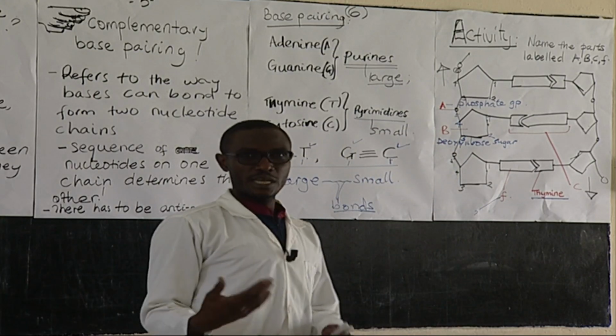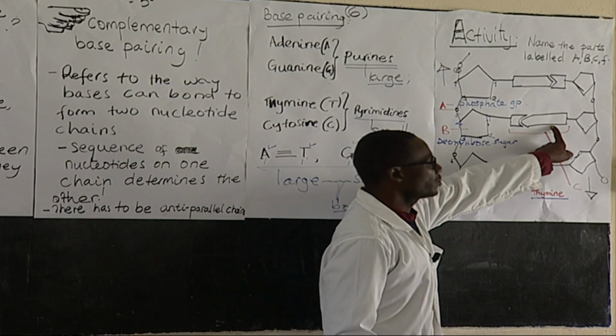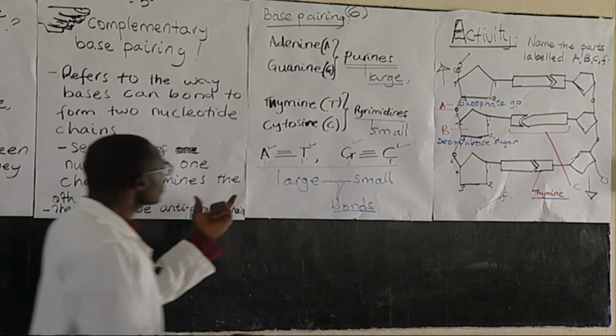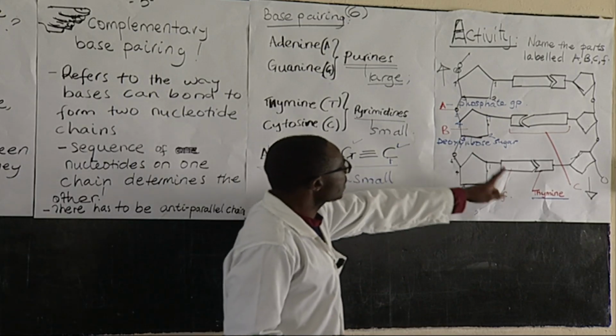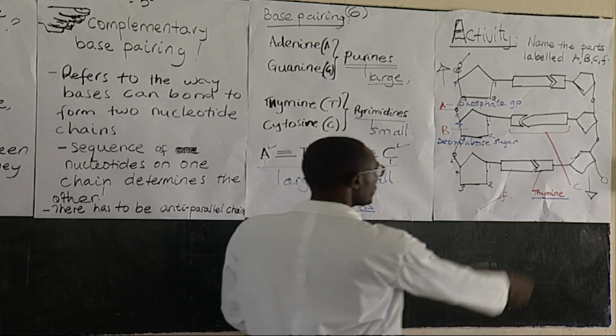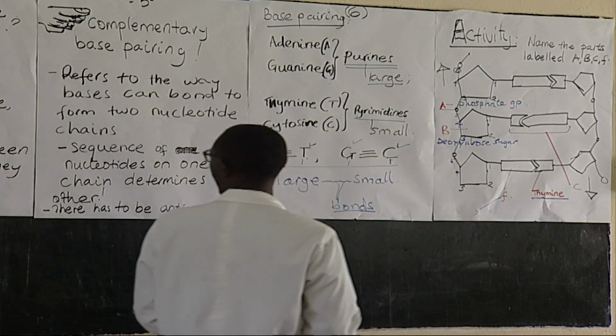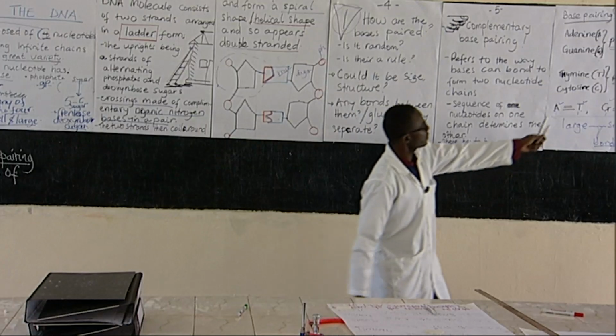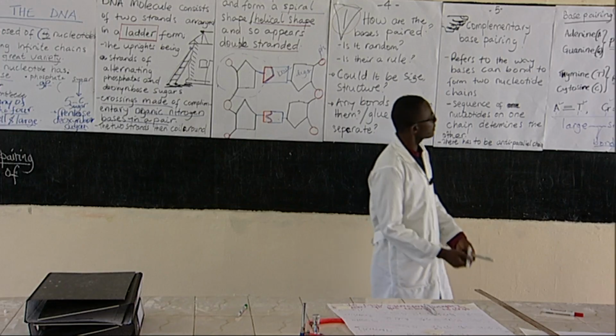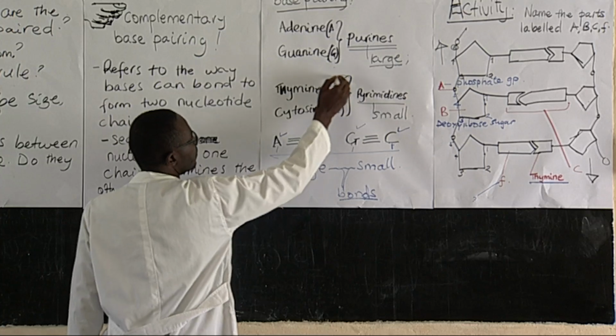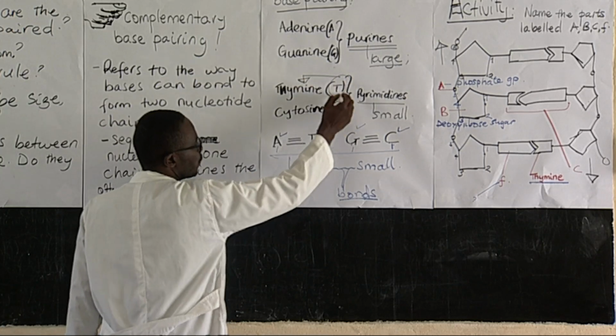So if one is named for you, you should base on the rule of pairing to be able to know how the other one can be named. So we move from where thymine is here, and we come to our simple rule and check where thymine is. T, which was given this full name, falls here.